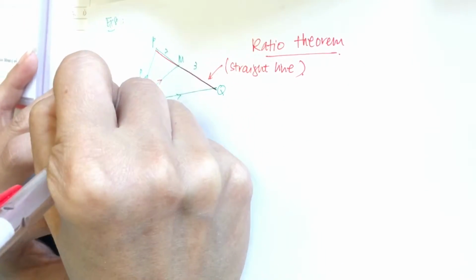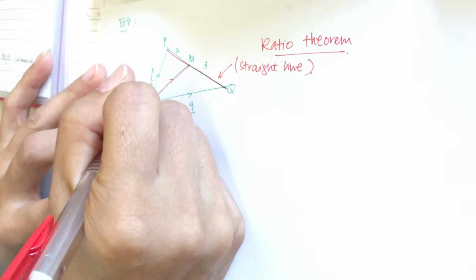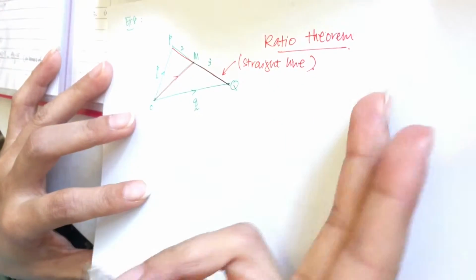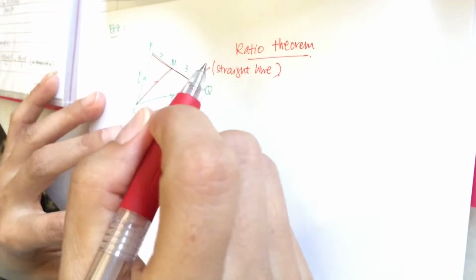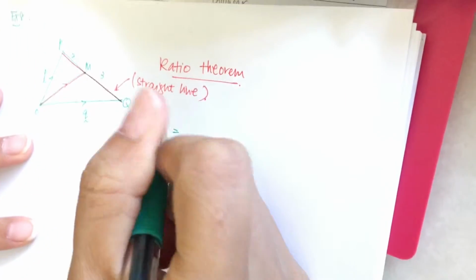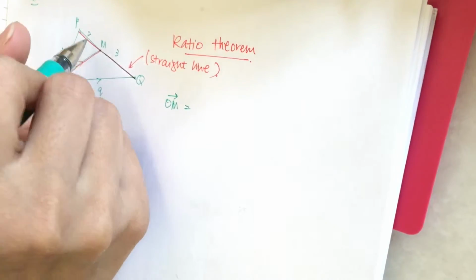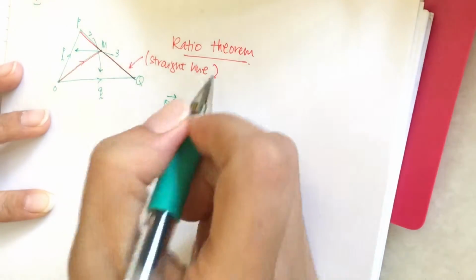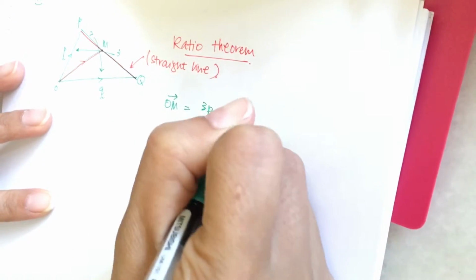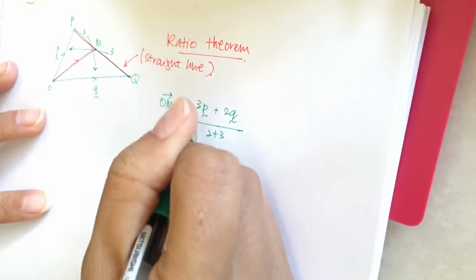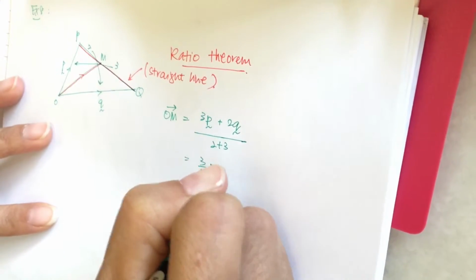You're finding OM, so it is diverging. It cannot be one going out, two going out, and then another coming in. So flip it, change the sign to make it go out. So the shortcut is OM: you cross multiply, 2 times Q and 3 times P. So 3P plus 2Q over the sum of the ratio, which is 2 plus 3. Therefore 3 over 5 P plus 2 over 5 Q. There, same answer.